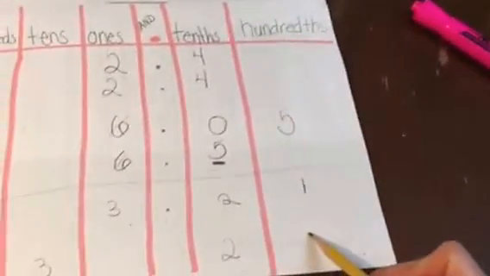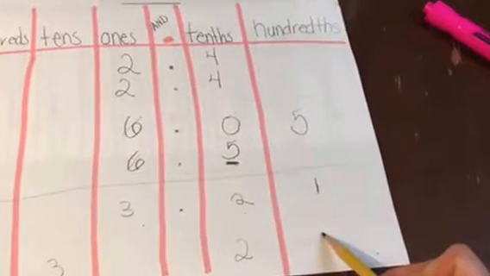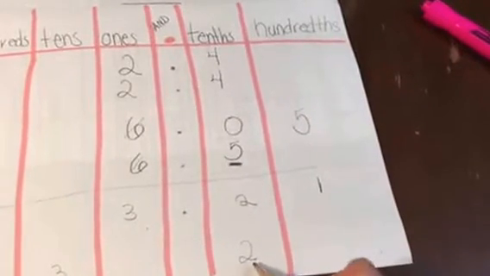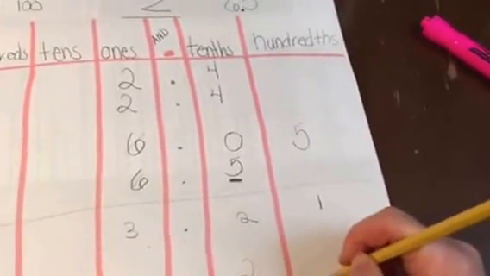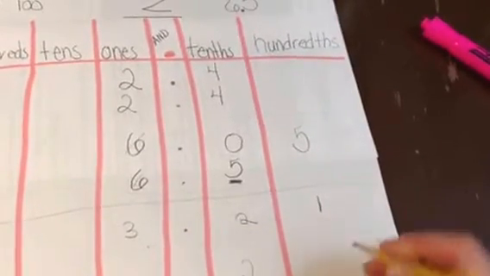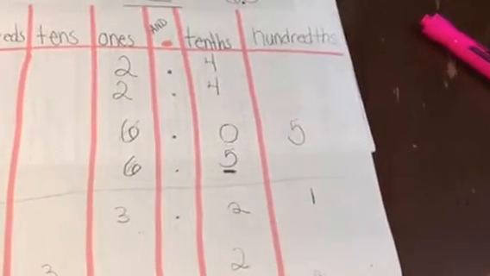Can I put 12 here? Heck no, can't put 12 here. So I do need to do something special. So I'm going to recommend you write out your 12 here because it's 12 hundredths. And if we know we need to end in the hundredths, my 2 goes there, my 1 goes here.